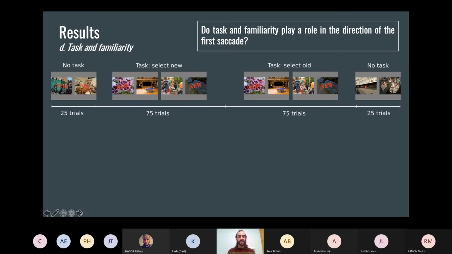So here I'm presenting the results of task and familiarity. Just as a little reminder, familiarity refers to the fact that in some trials, one of the images had been seen before in the experiment and the other image not. So again, we included coefficients for this in the logistic regression model to see if they contribute to the prediction.